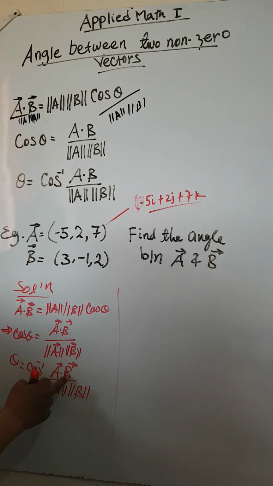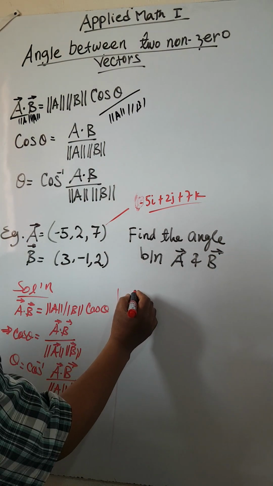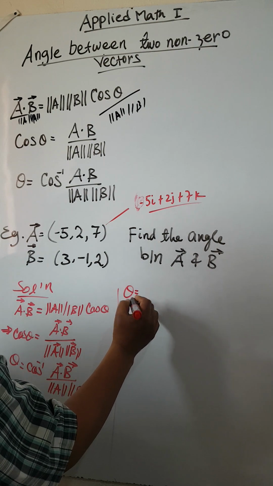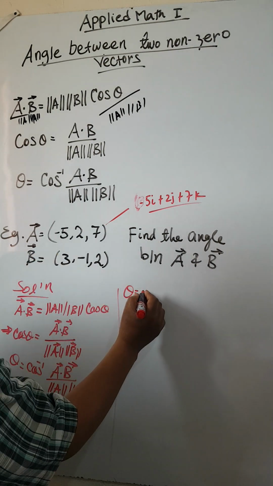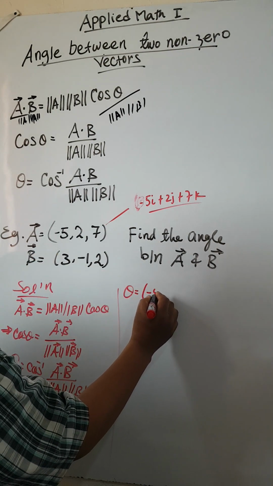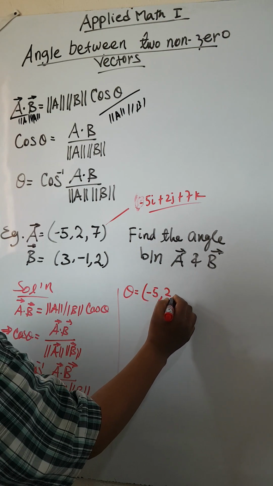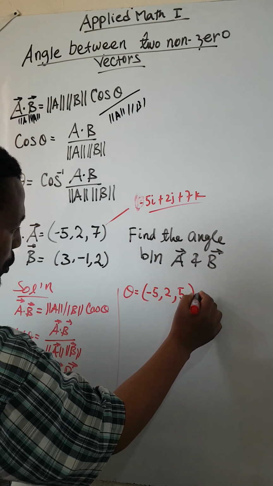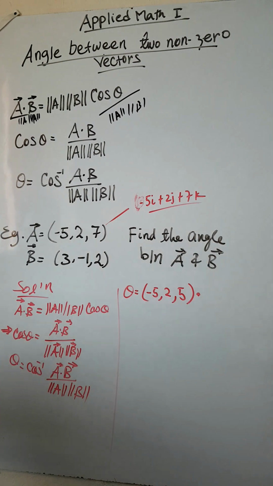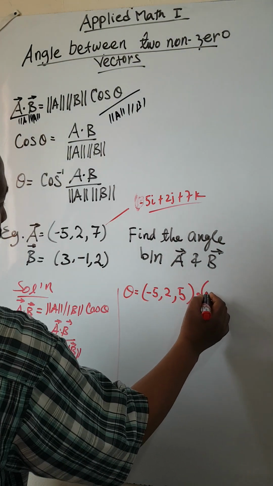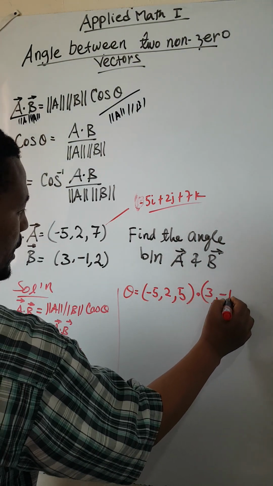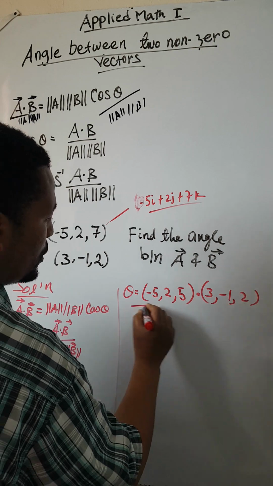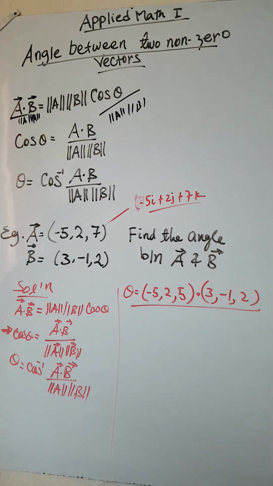ሶ ይሄን ካልን አሁን what is a dot b? Theta is equal to a dot b, dot product of a -5 2 7 dot 3 -1 2, scalar product ነው, divided by norm of a. ምንድን ነው?